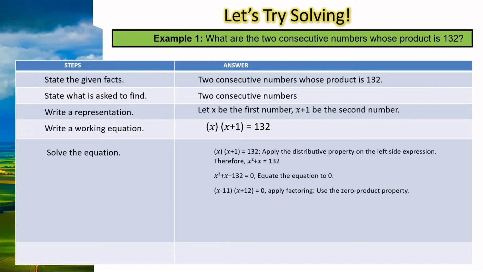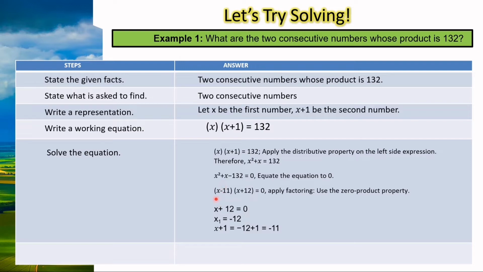So you have x squared plus x minus 132 is equal to 0. Then you factor. How do you factor this general trinomial? Very good. You will think of the factors of 132, which give you a sum of 1.